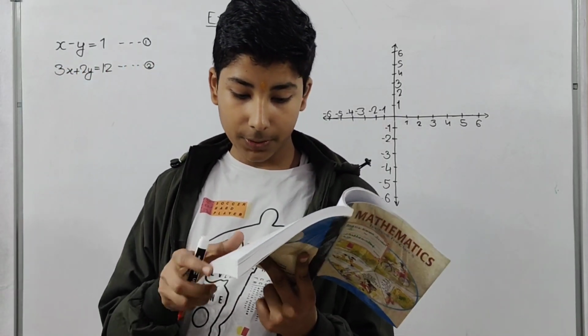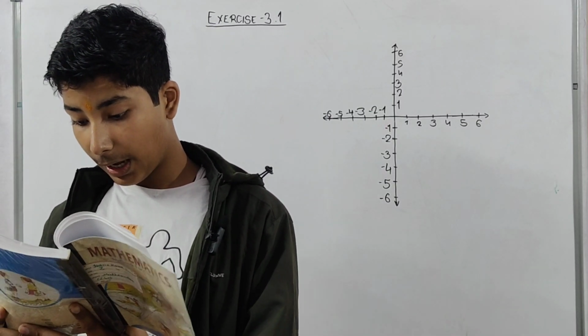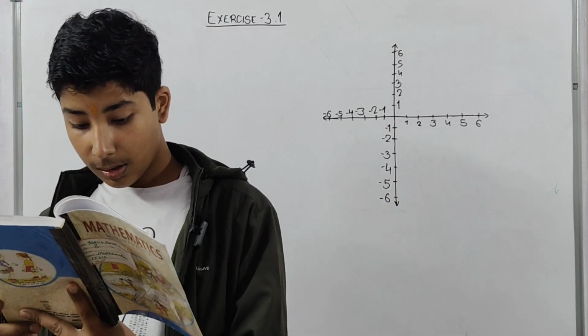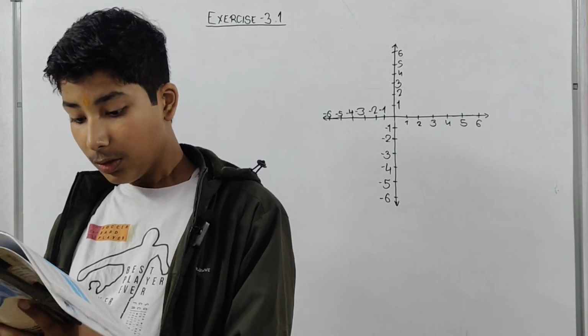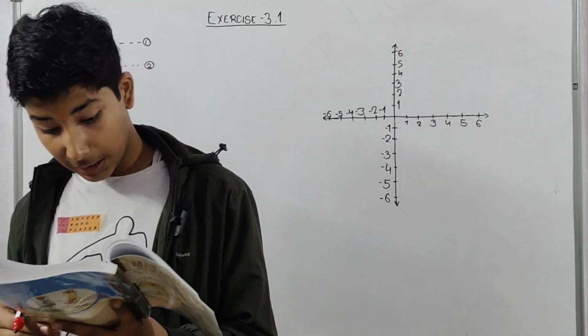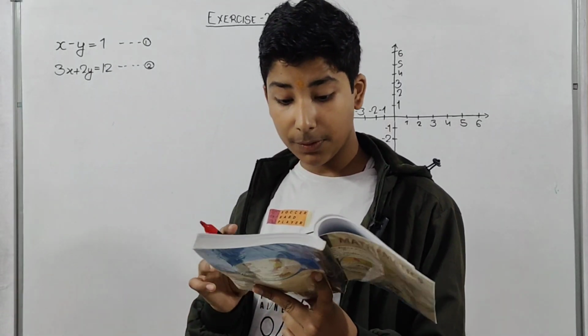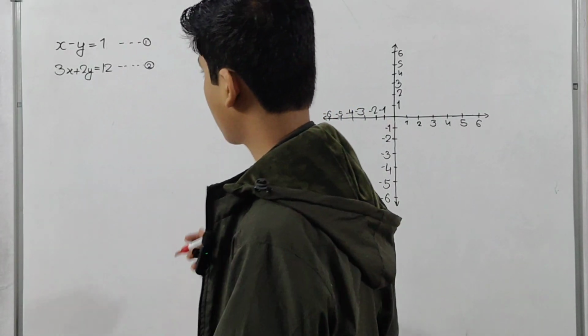Determine the coordinates of the vertices of the triangle formed by these lines and the x-axis, and shade the triangular region.